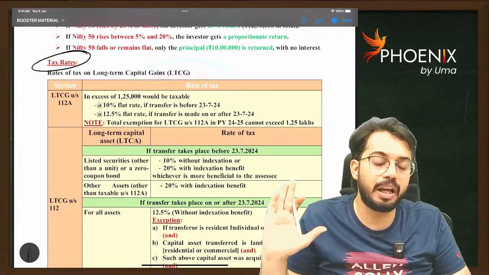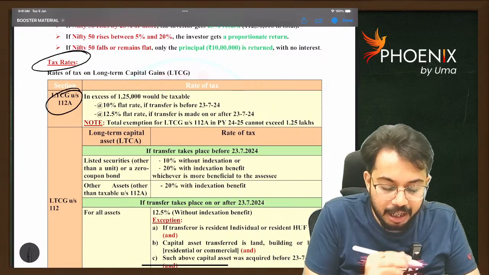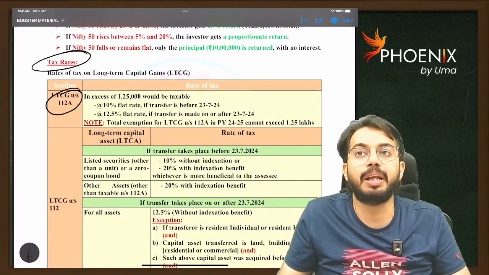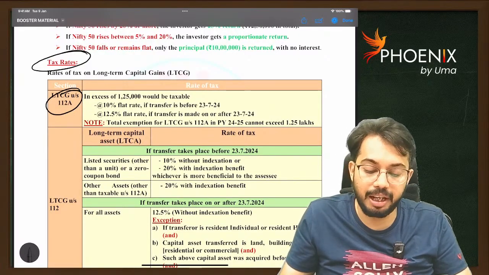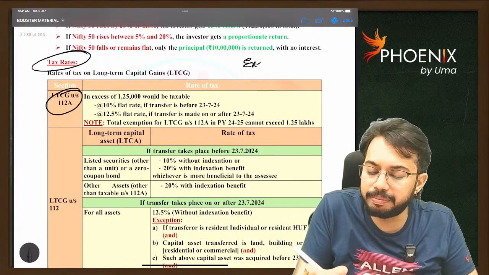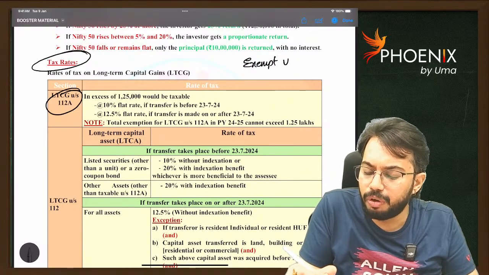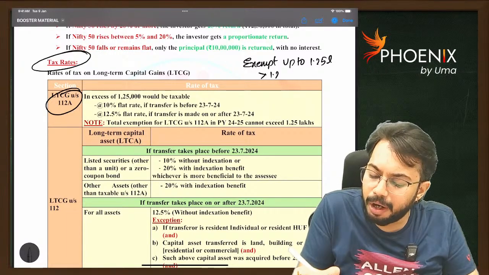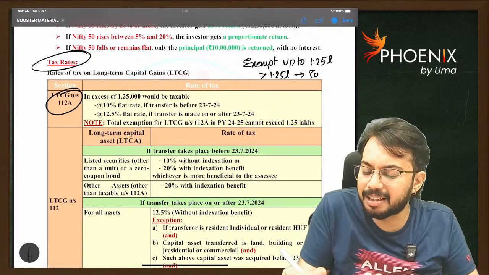So please listen carefully. Long-term capital gain under section 112A, which we have just discussed, is exempt up to 1.25 lakhs. Above 1.25 lakhs, it is taxable.